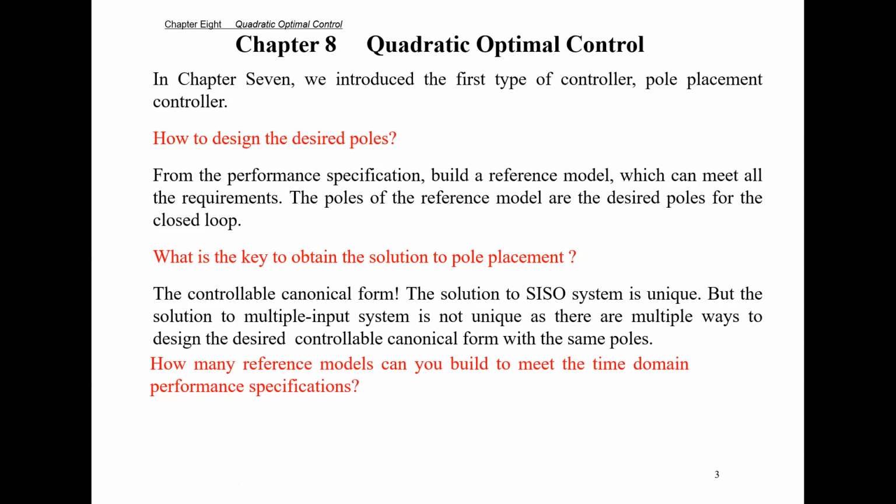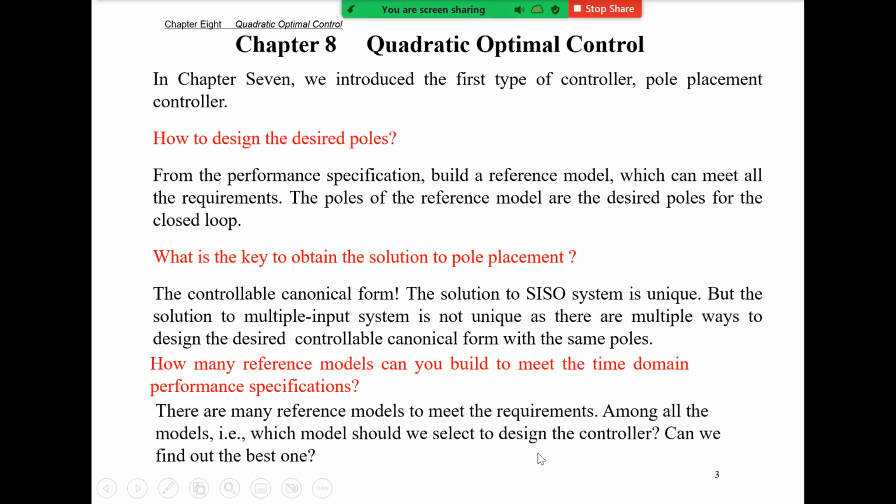There are multiple ways, because the requirements are put in the form that the overshoot is less than something, and the settling time has to be less than something. They are all given in terms of inequalities, and any number satisfying the inequality works. So many reference models can be built to meet the performance requirements.